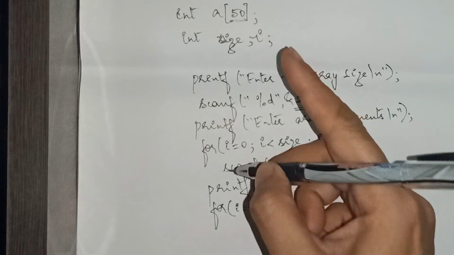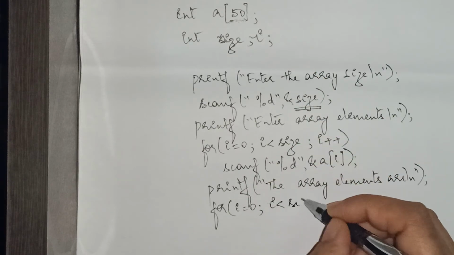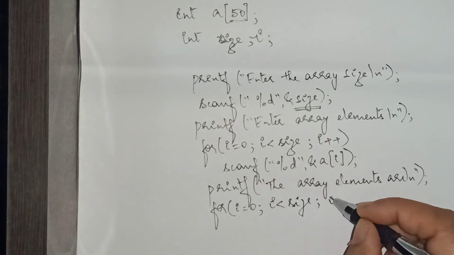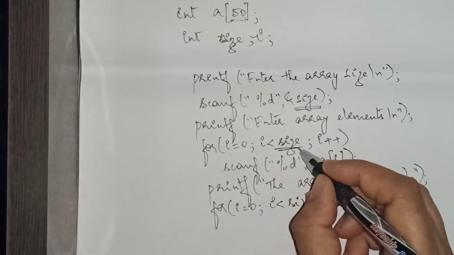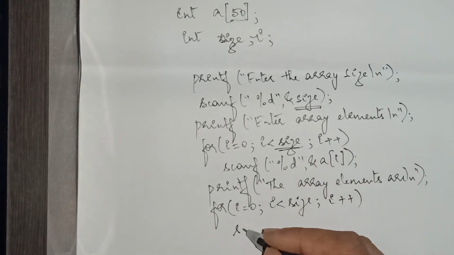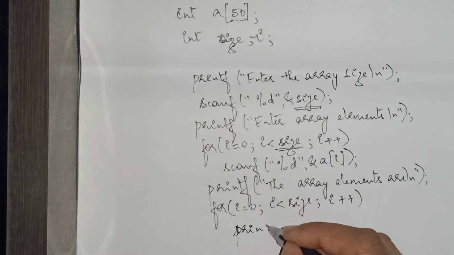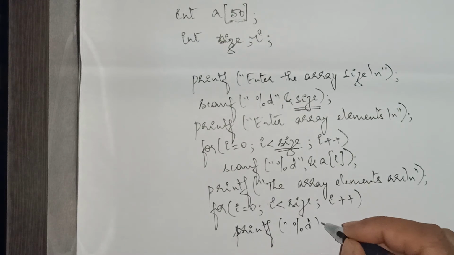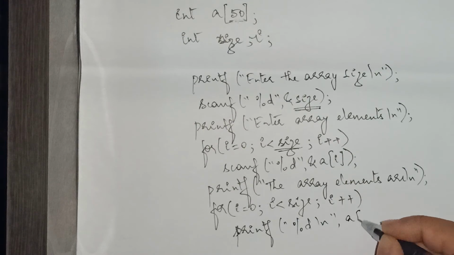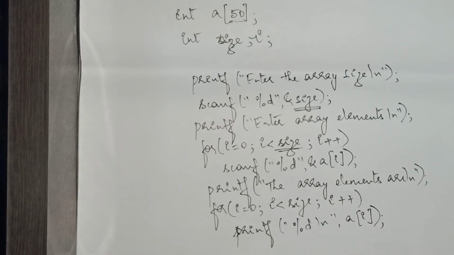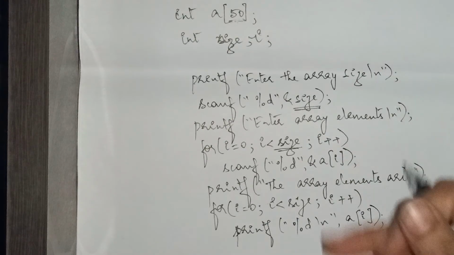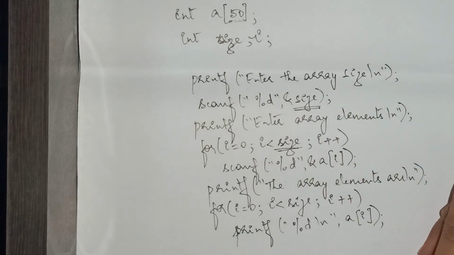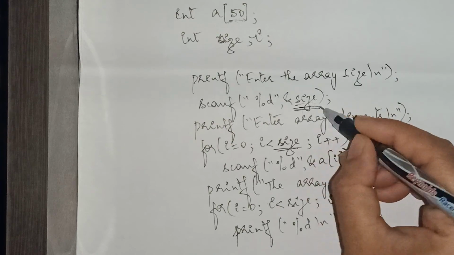Again, i less than 50 I need to take, or size, because you have stored only these many elements in it, right? So sorry, printf %d \n a of i is what you print. So this is how you dynamically read and print the array elements based on the new size.